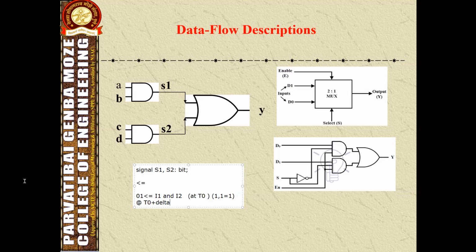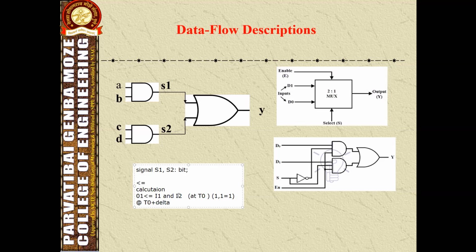See here, in the architecture part, two phases are going to occur. The first stage is called the calculation stage. In this calculation stage, the present values at I1 and I2 undergo an AND operation at the time T0.